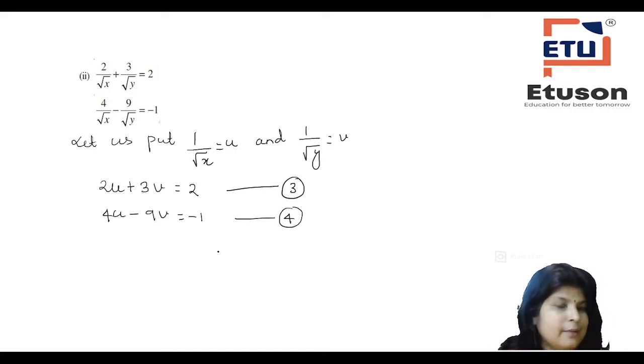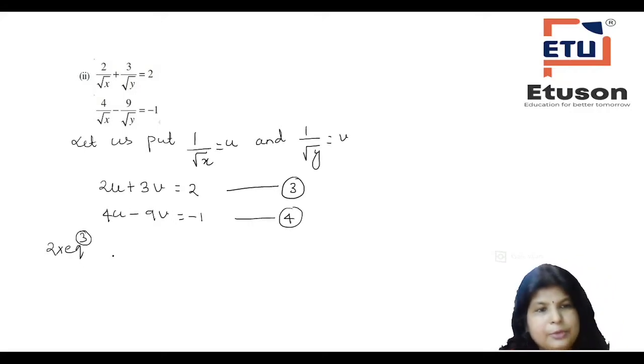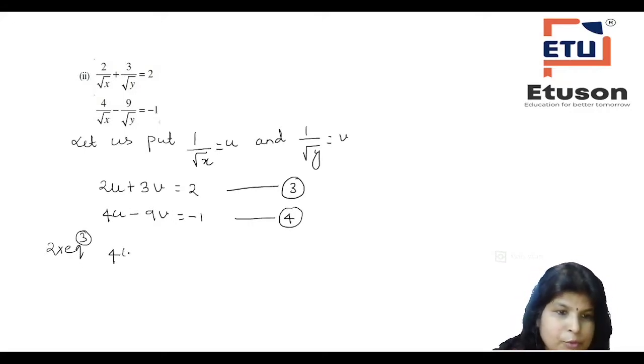Now I will multiply equation 3 by 2. So 2 into equation 3 will be 4u plus 6v is equal to 4. Correct or not?